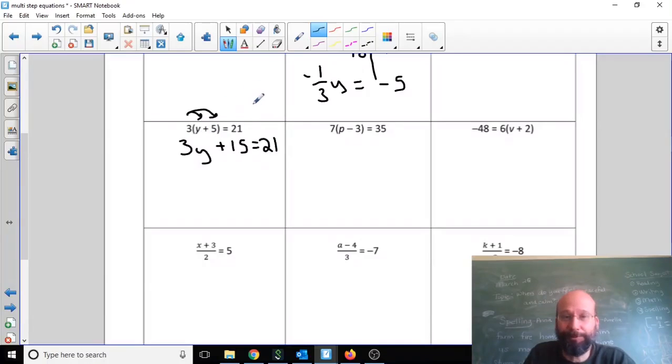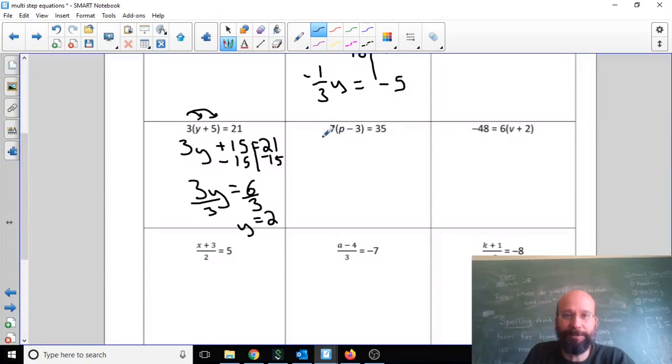Now we're back to a 2-step equation. We just move this 15 over by the opposite, which in this case is subtract. So we have 3y equals 6, and then divide by 3. y equals 2.